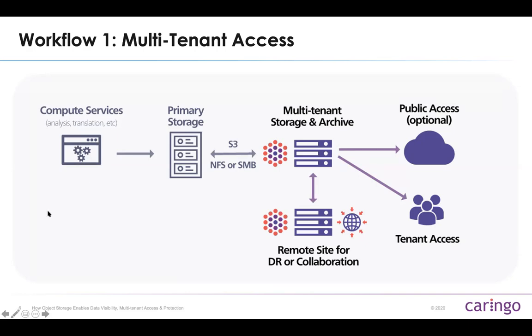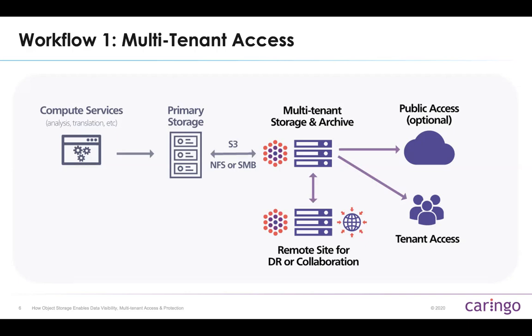A lot of the times, organizations are trying to facilitate collaboration, but they're also trying to optimize primary storage resources. So if you have a particular device that's using primary storage, SSD, something very expensive, and you need to offload or move data off for the next project, we're a great way to do that. You go ahead and you optimize your primary storage, and then you make that data accessible.